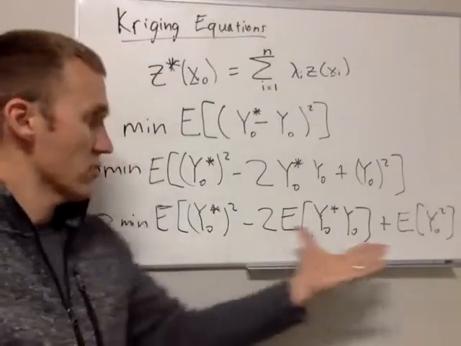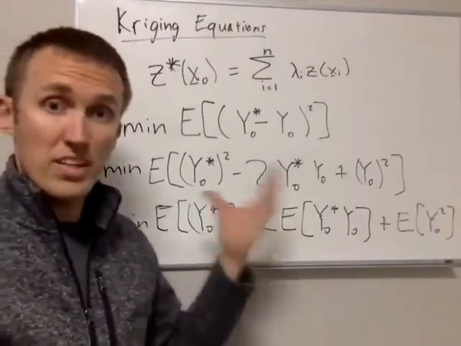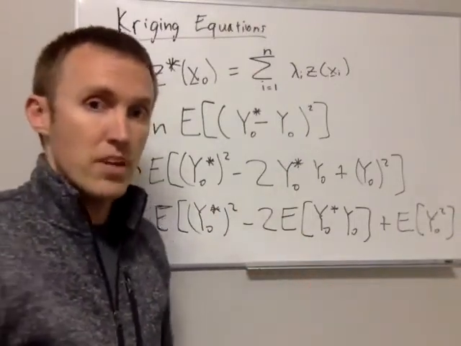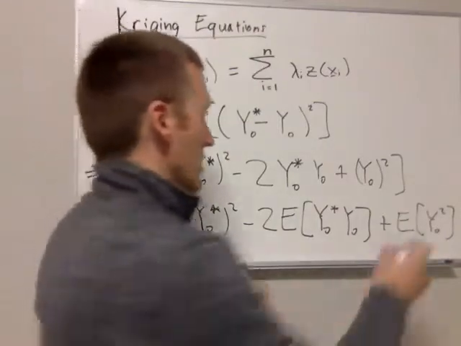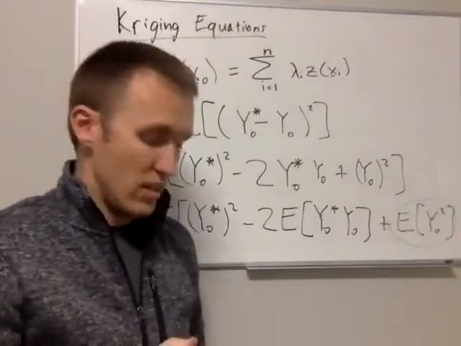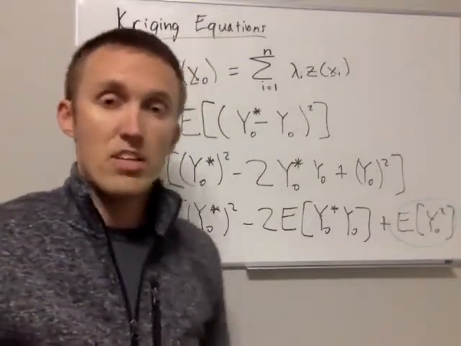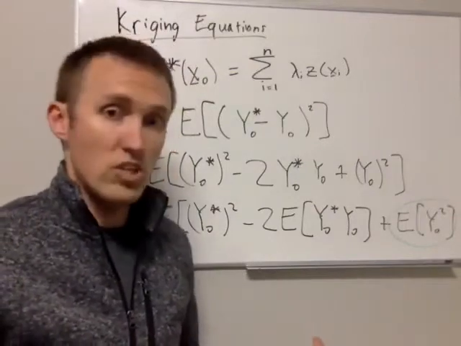So now I've broken this up, and I can start to recognize some terms. The first term that we're going to recognize, there's a different color here, is the expectation of y naught squared. This is the expectation of the observations at the new estimation location.